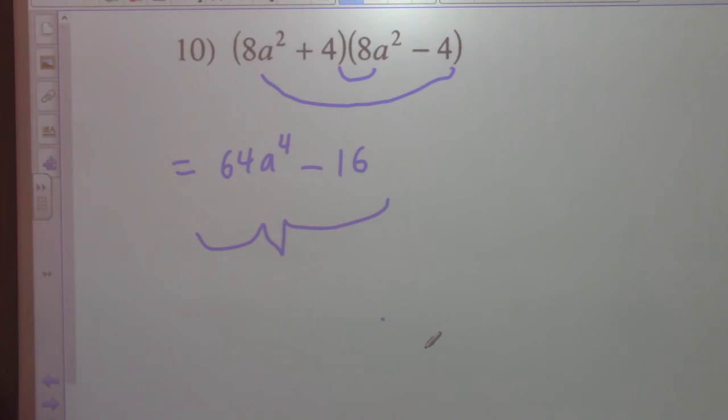Right, good. I really appreciate the help you're getting there, Chris. Where? The first square, you got 16, and you got 64. So they didn't cancel. Yeah, that's all right.